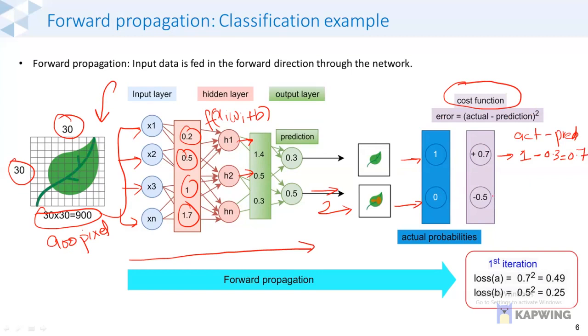Similarly, for the second scenario, the error is actual value minus predicted value, which is minus 0.5. So in the first iteration, we can clearly see that the loss is higher. The model is not yet trained and it cannot accurately predict our input.